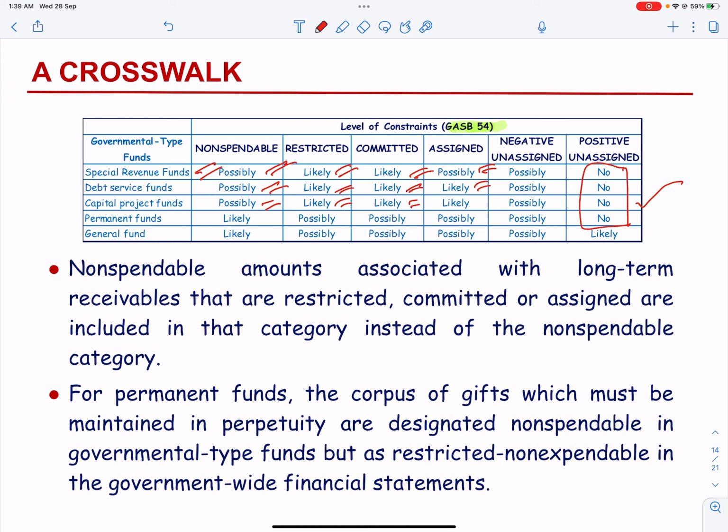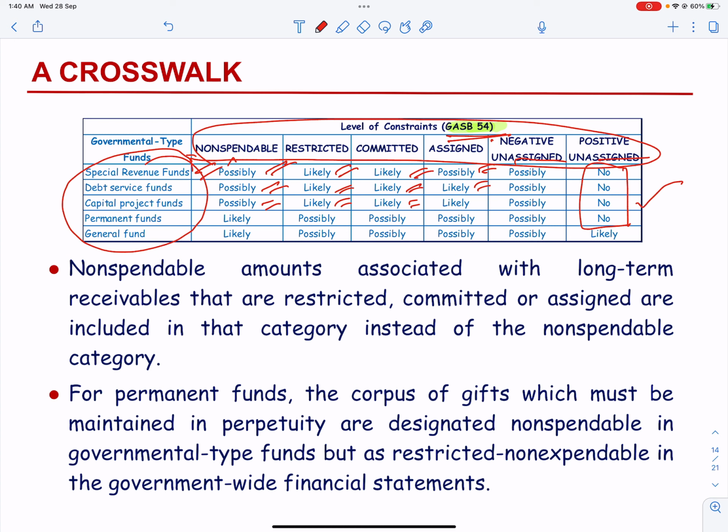So this is an overview to explain restricted, committed, assigned, negative, unassigned, and positive assigned constraints. So these were the different constraints and these were the different governmental funds. And these are the constraints that are assigned by GASB 54, statement number 54.